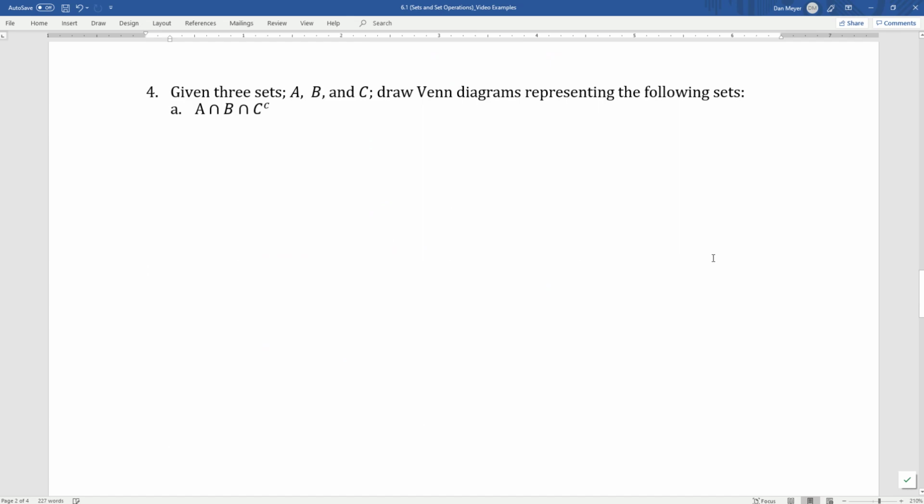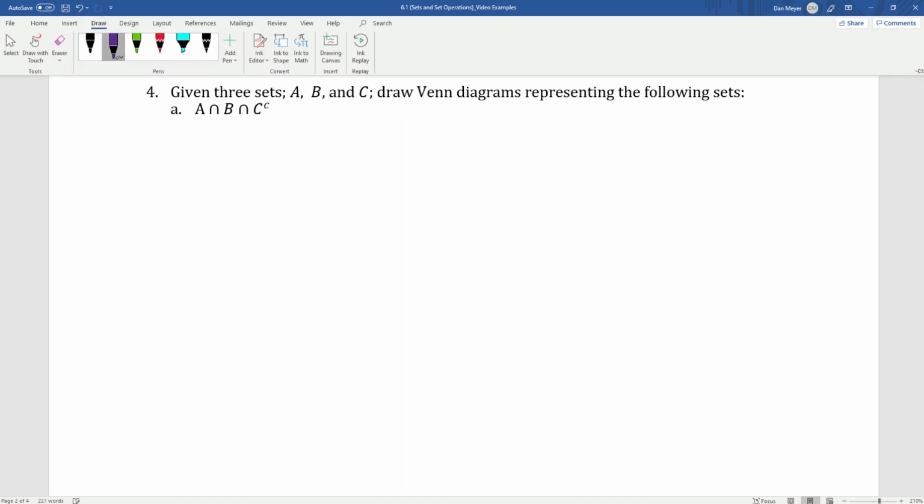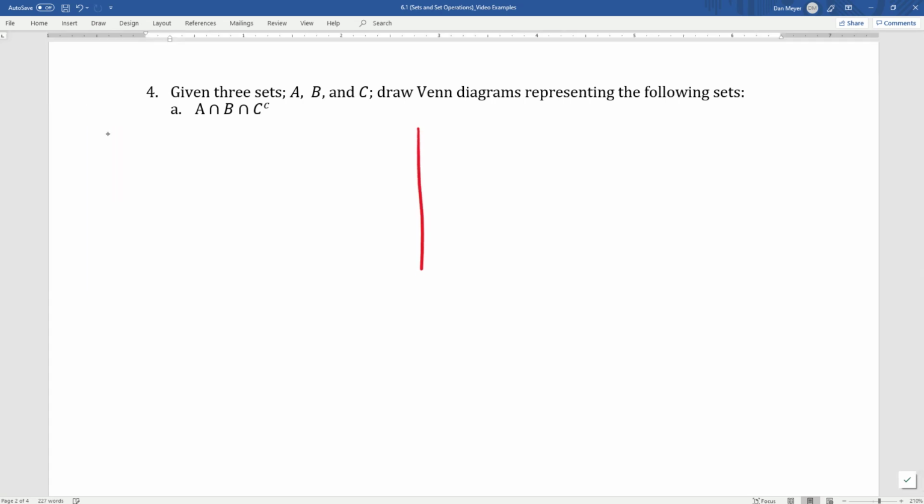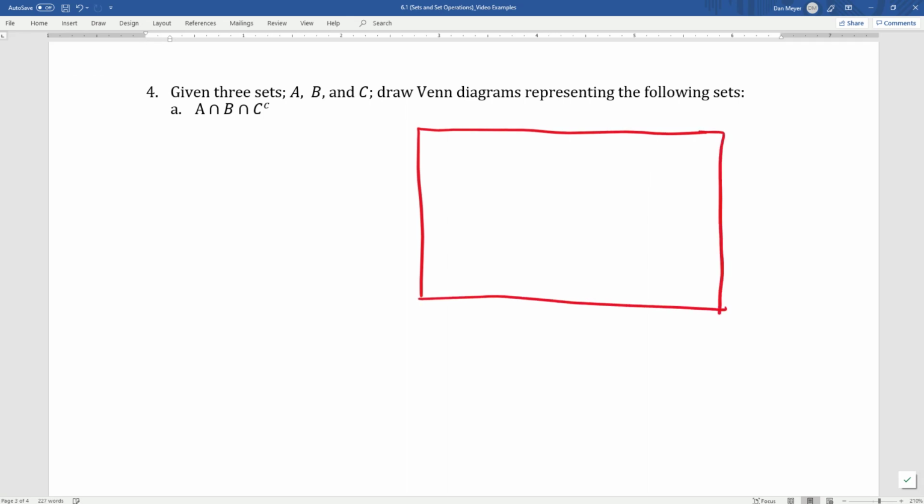Given 3 sets, A, B, and C, draw Venn diagrams representing the following sets. So we need a 3-set Venn diagram here. We have a universal set. For our 3-set Venn diagrams, we end up with kind of a Mickey Mouse looking thing.